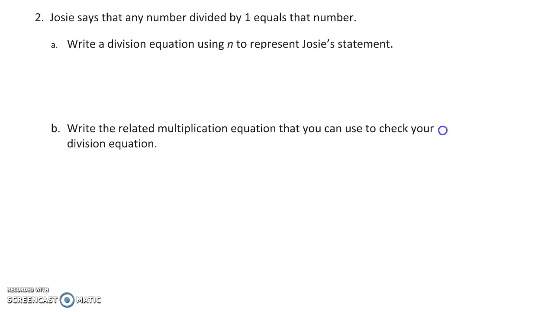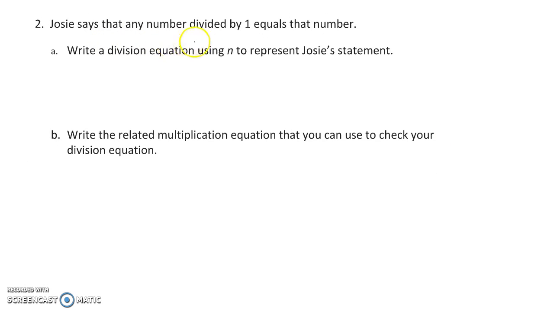All right, number 2. Josie says that any number divided by 1 equals that number. Write a division equation using n to represent Josie's statement. Okay, so we know that the n stands for any number. So I'm going to say, she says any number, so n divided by 1 equals that number, which is n.